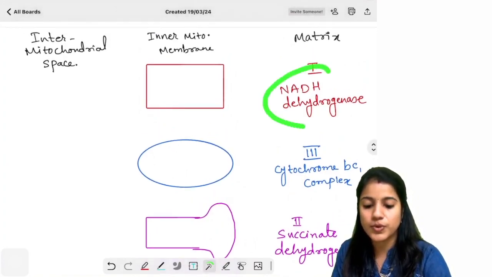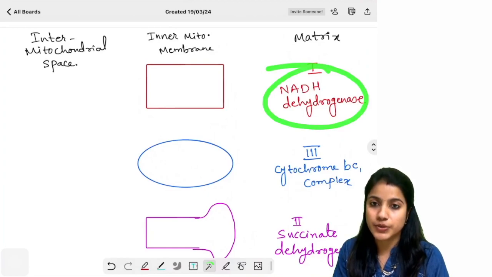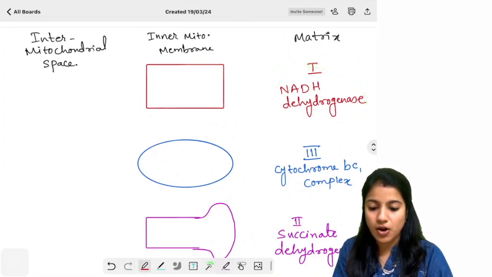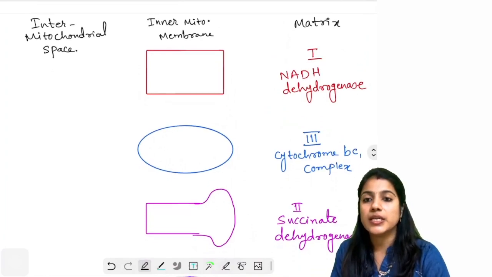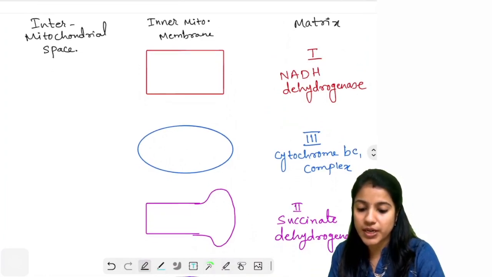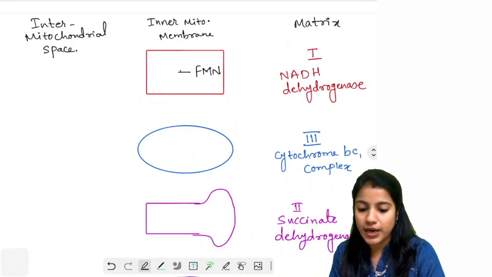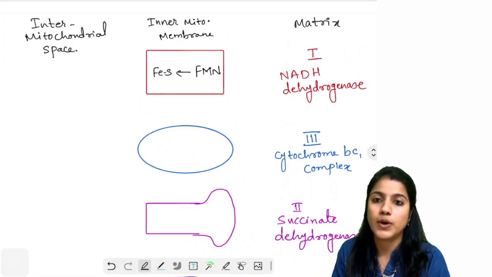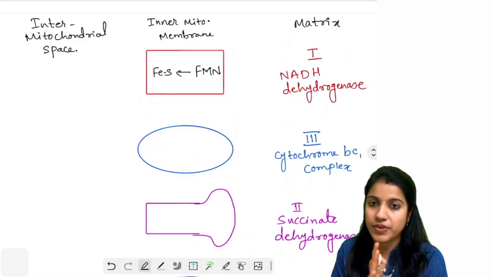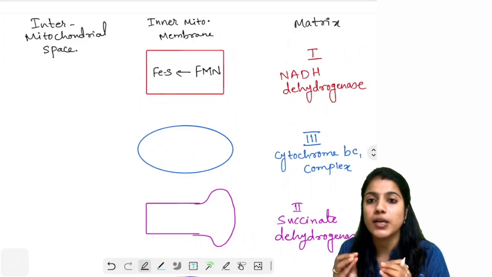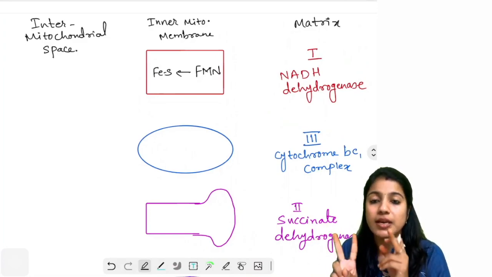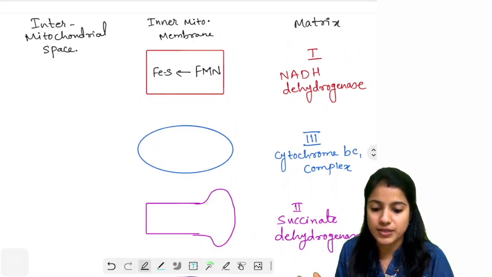Talking first about NADH dehydrogenase, the components of this complex are FMN, flavin mononucleotide, and FeS, the iron sulfur molecule. Simple: complex 1 is made up of two components, FMN and FeS.